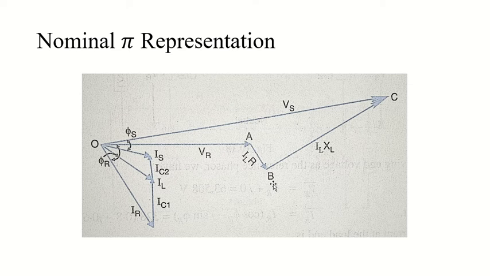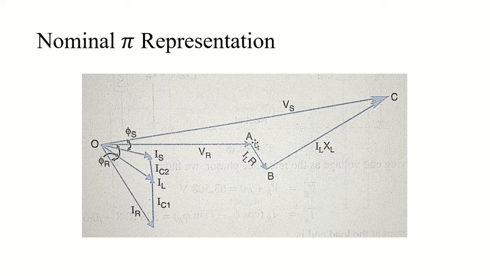And when you draw the next thing, it will be nothing but OC. See, to find VS, what do we do? We take the resultant of this VR and the impedance drop, which will be the resultant of these two, right?